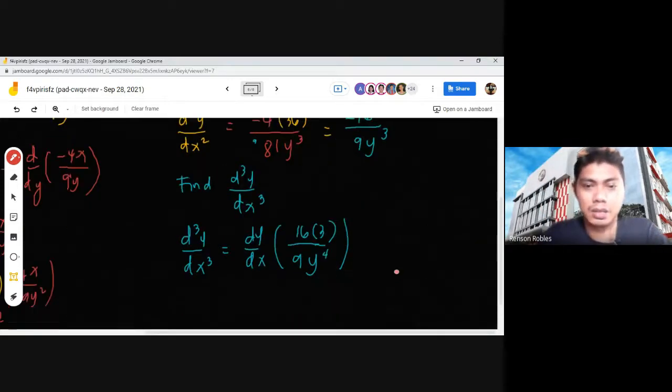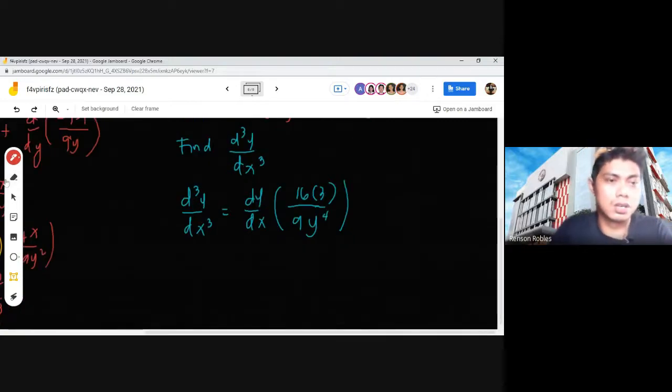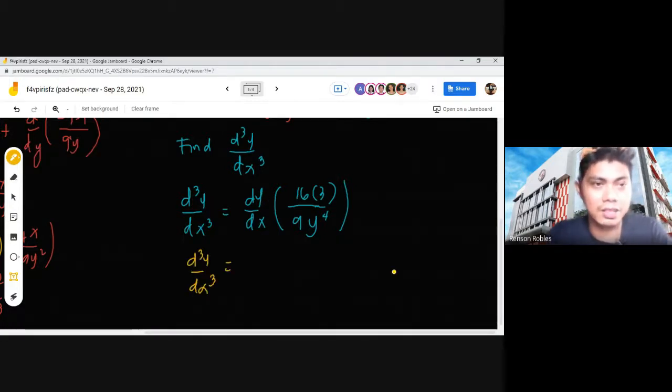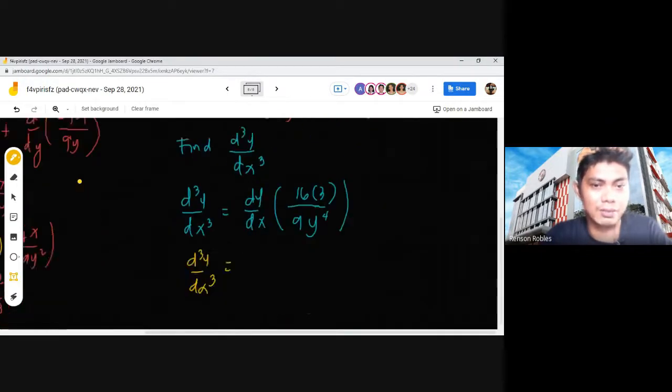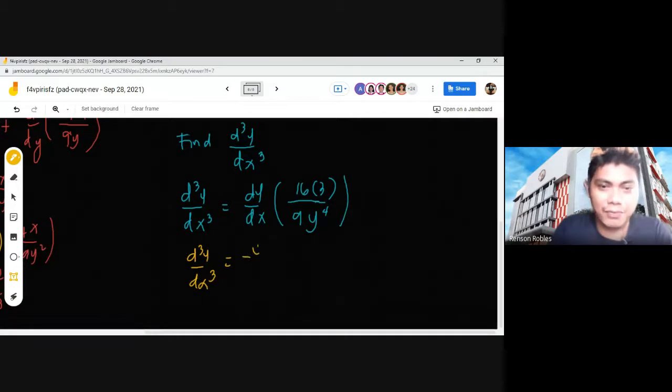Right? Then, to continue, dilaw na. So, d cube y over dx cube equals dy dx. What is our dy dx? That's negative 4x over 9y. Negative 4x over 9y times, then mag-cancel tayo. So, this will become 3. 16 over 3y to the 4.